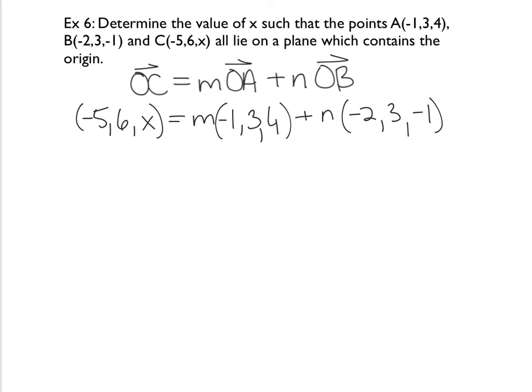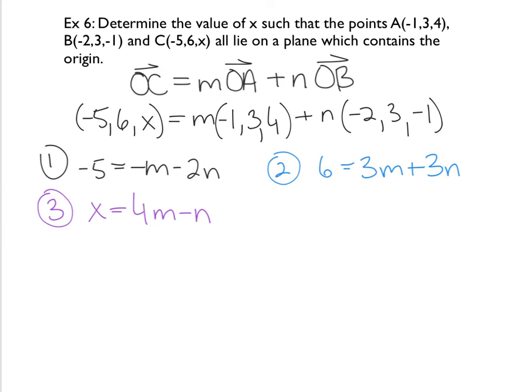Okay, so now I'm ready to split up my equations into 3 equations. So x, y, z. Okay, so looking at equation 1, I'm just going to isolate for m. So in equation 1, m is equal to 5 minus 2n. And looking at equation 2, I'm going to substitute these values.